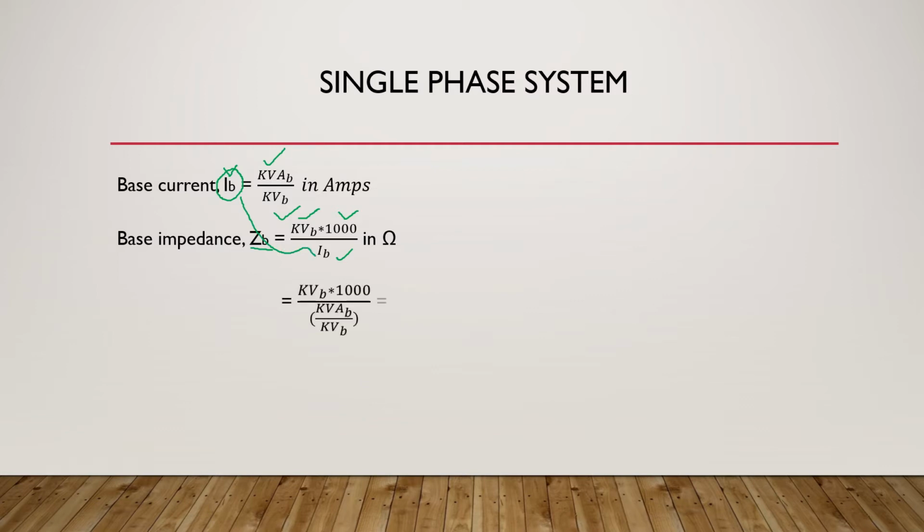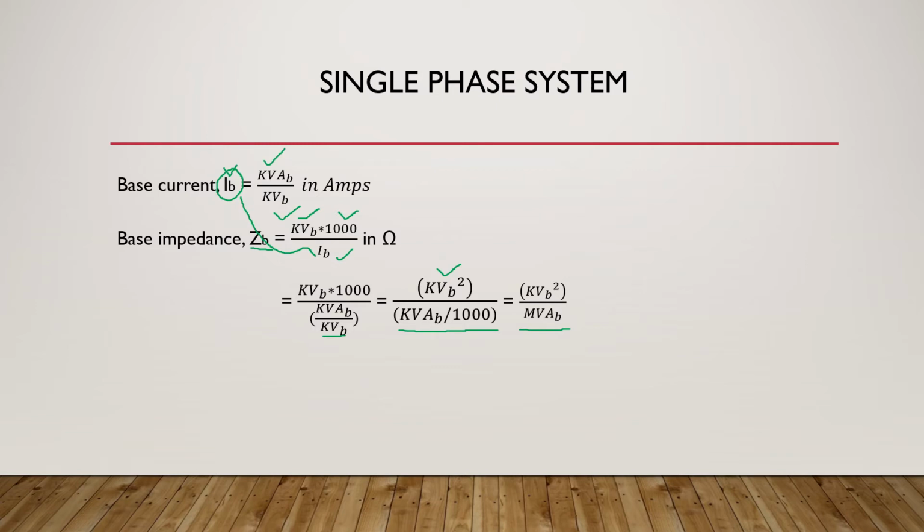Now the kVB term will go up so that we get kVB square divided by the rest of the part, kVAB by 1000. It can be written as kV base square divided by MVA base. So this is the formula for base impedance.